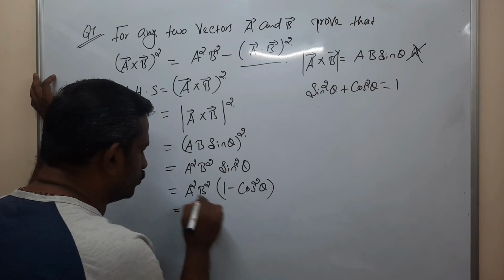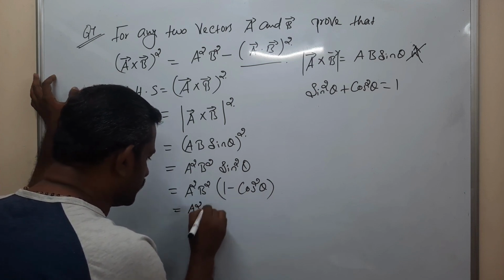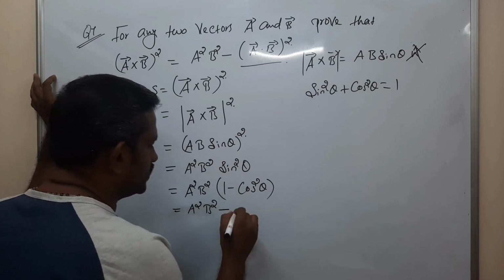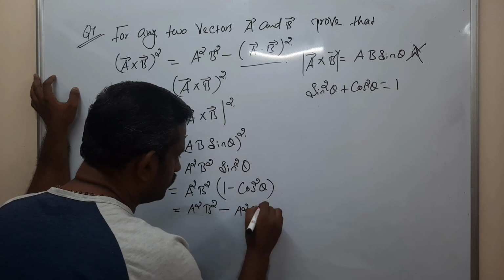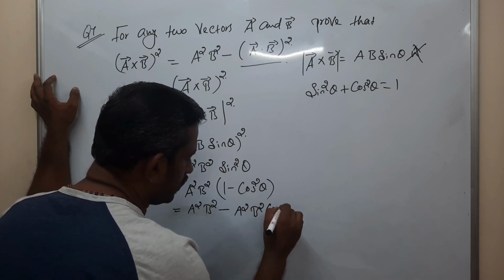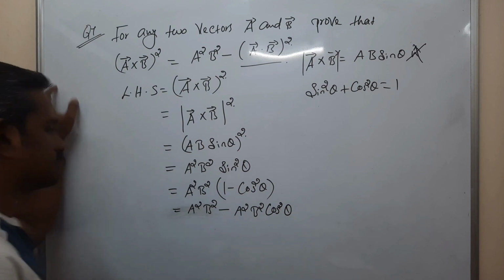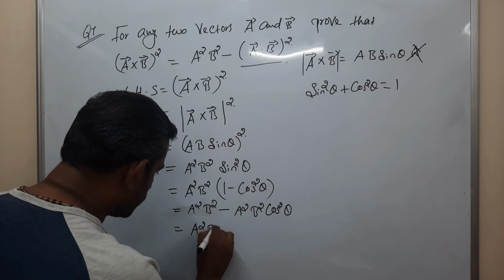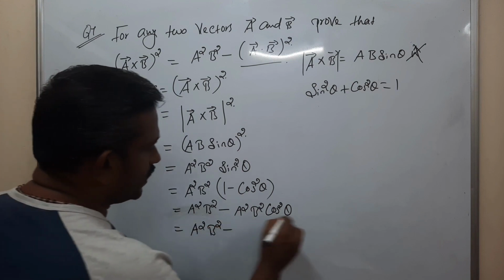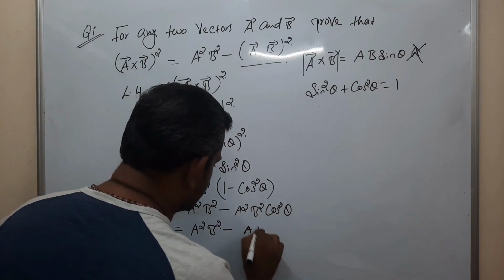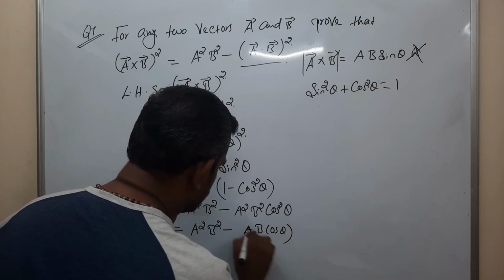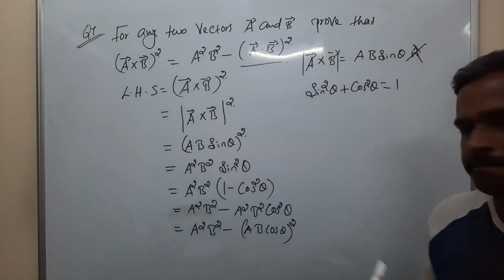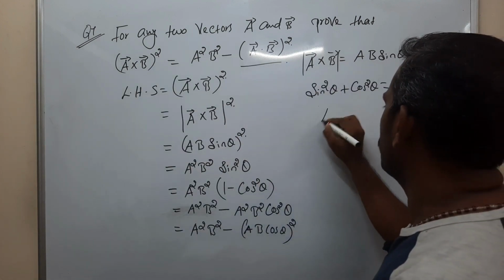So that's 1 into A square B square, A square B square, minus A square B square cos square theta. So that's equal to A square B square minus (AB cos theta) the whole square. Okay, so what is A vector dot B vector?